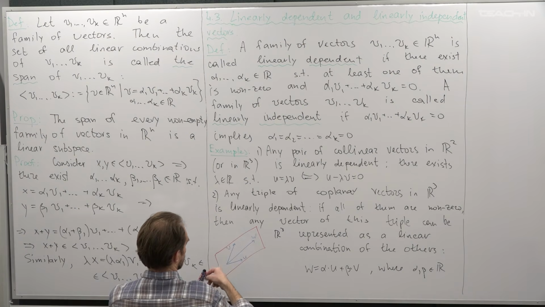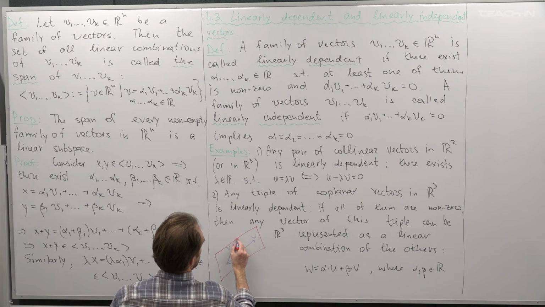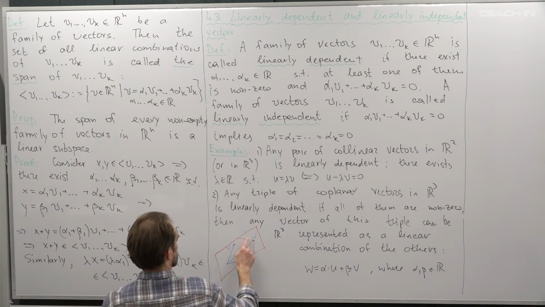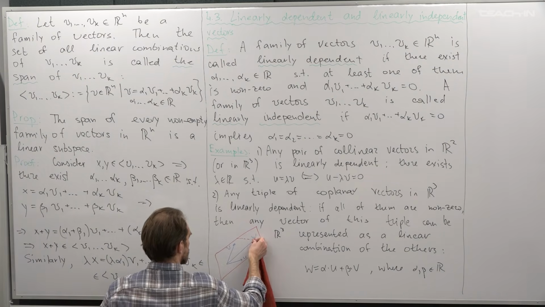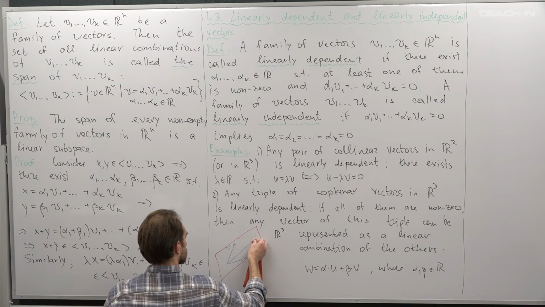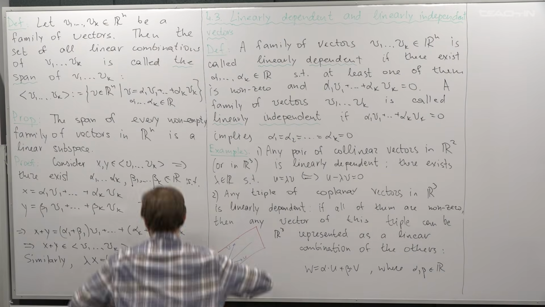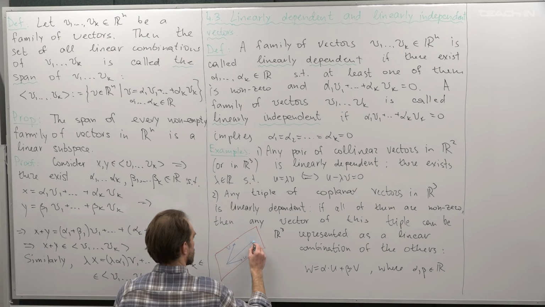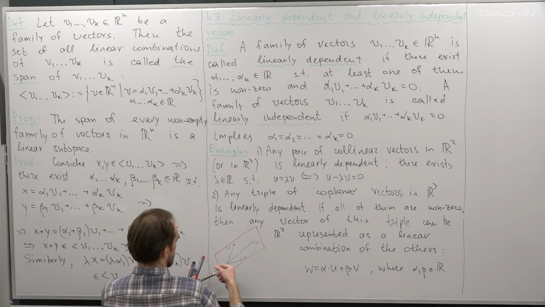So w can be represented as the sum of vectors. So this should be parallel to u. So let me just sketch this in a more accurate way. So I have the vector w, and I'm going to represent w as a linear combination of u and v.